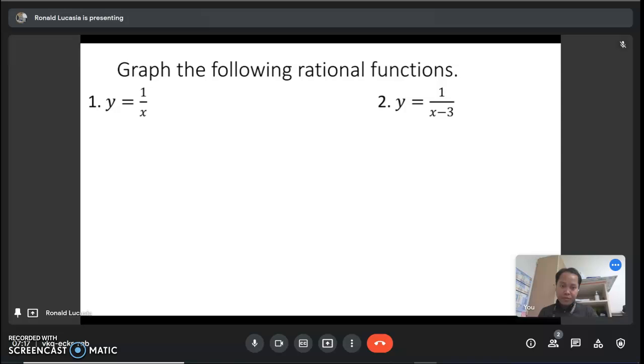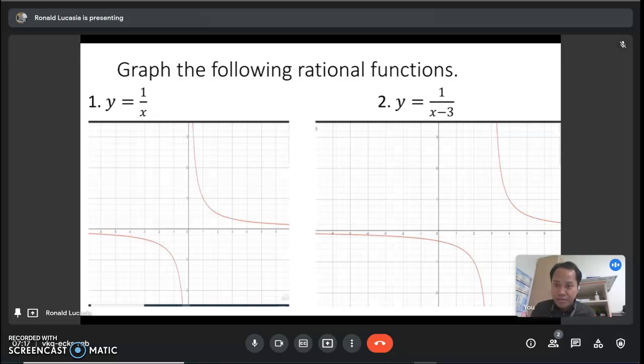So when you graph in Desmos y equals 1 over x and y equals 1 over x minus 3, it looks like this. Notice that there is an asymptote for y equals 1 over x.